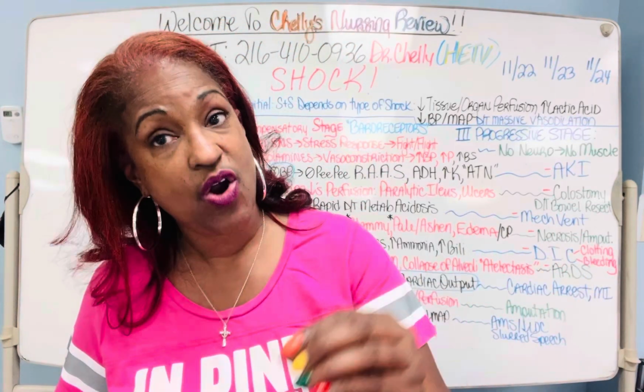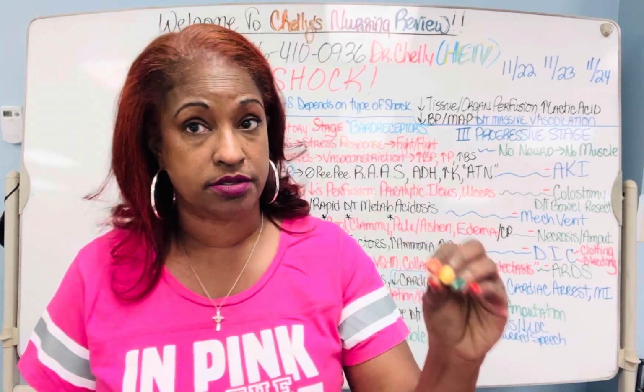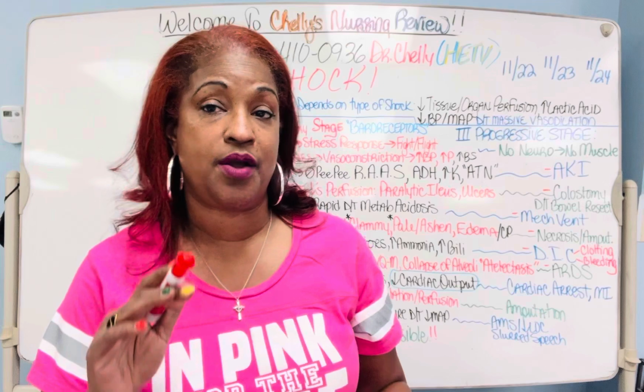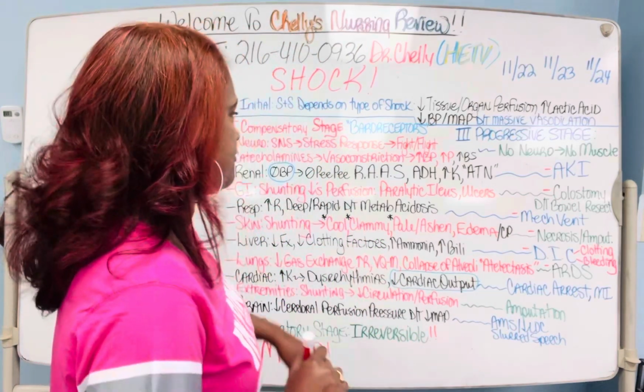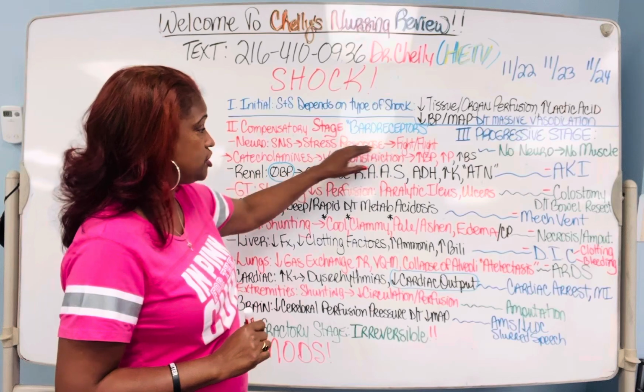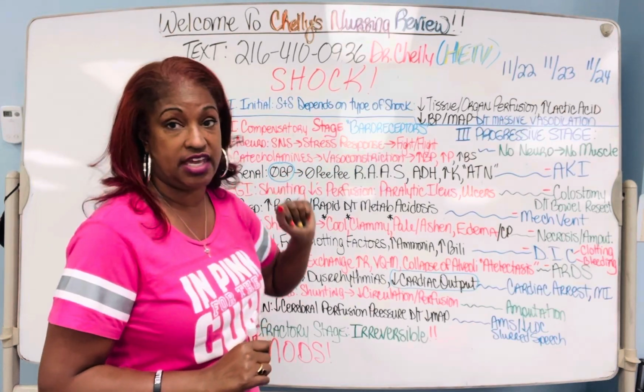The parasympathetic nervous system, which is not part of this, is rest and digest. The sympathetic nervous system is fight or flight, okay? So the fight or flight stress response has kicked in.